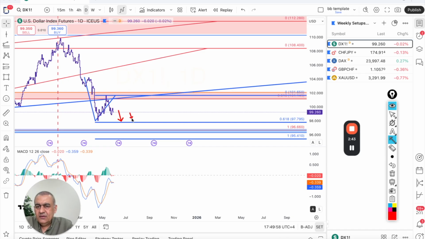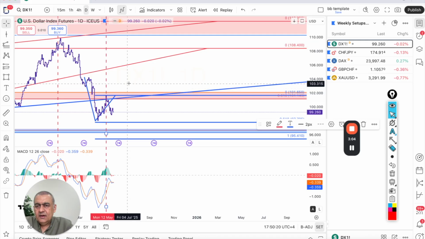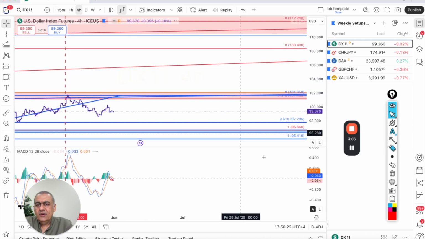Once it breaches 97.80, the next destination is 96.66 to 96.30. And the major resistance is from 101.14 to 101.65. The environment on daily time frame looks bearish. I'll quickly add the vertical line on the last C applied and move to 4H.